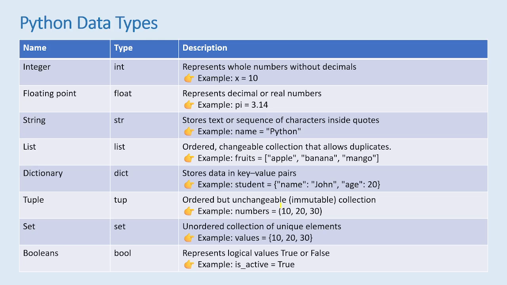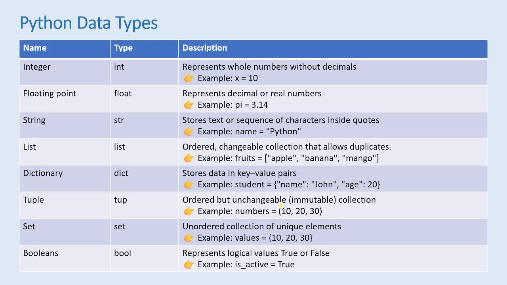The next data type is list, which is an ordered, changeable collection that allows duplicates. The two important words here are ordered and changeable collection. So lists are in a particular order. The elements inside the list are in the particular order in which the programmer adds them. For example, fruits equal to apple, banana, mango. There is a particular sequence.